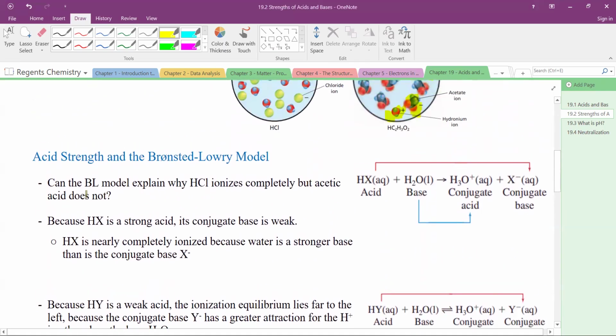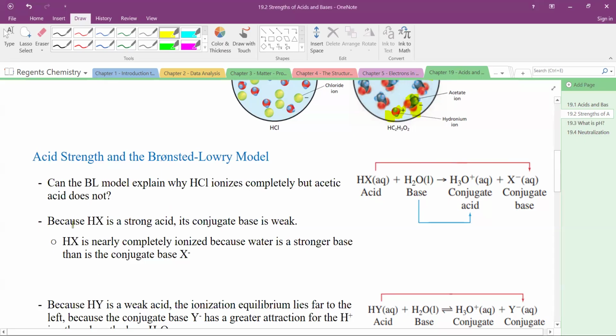First question I have is, can the Bronsted-Lowry model explain why HCl ionizes completely but acetic acid doesn't? We could talk about strength of ionic interactions and all that fun stuff. But when we're talking about the Bronsted-Lowry model, we want to actually include the concept of the conjugate base of this acid.